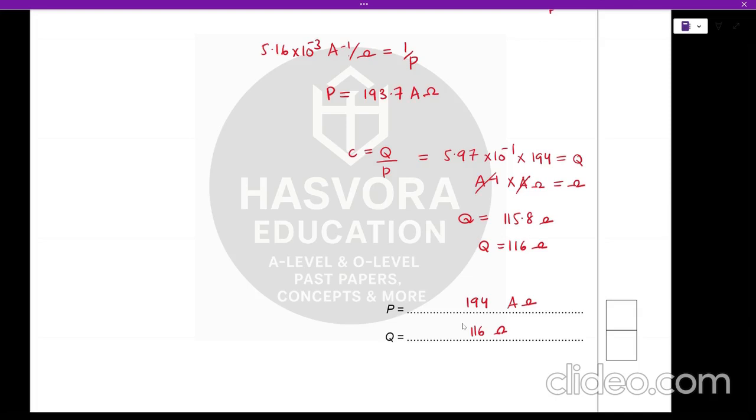Then we are going to calculate Q. The y-intercept is equal to Q over P. We already know P, and we also know the y-intercept.